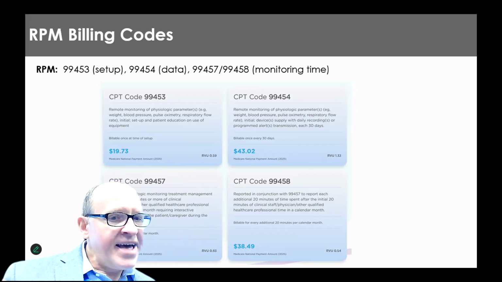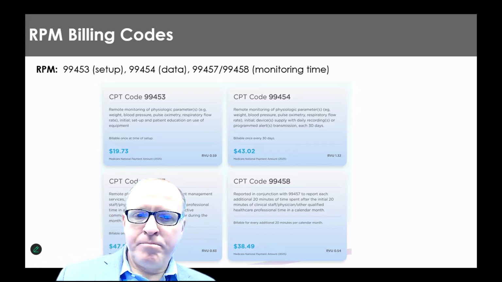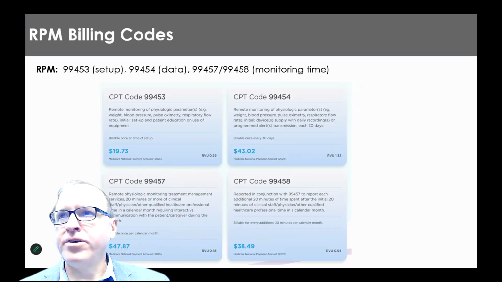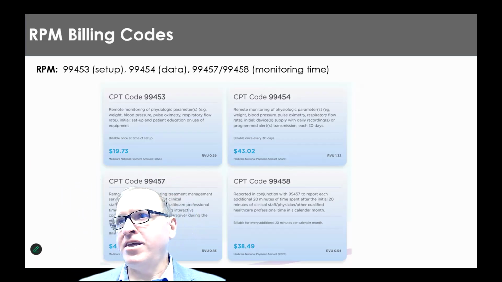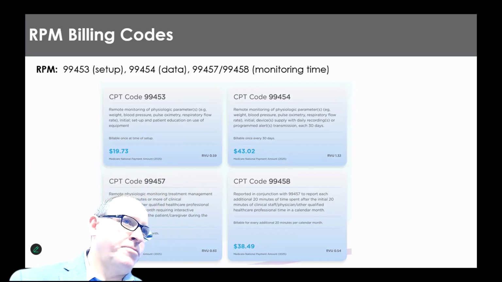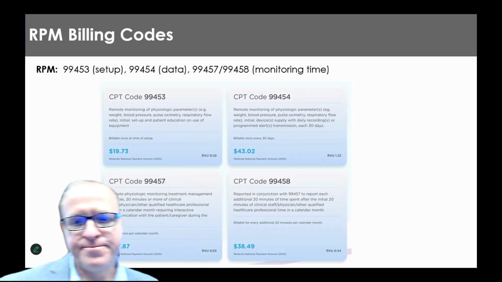That is the nice thing about an RPM billing platform: the ability to spend the time that's needed, when it's needed, in any particular month with the patient, and actually be able to recoup revenue for it appropriately.